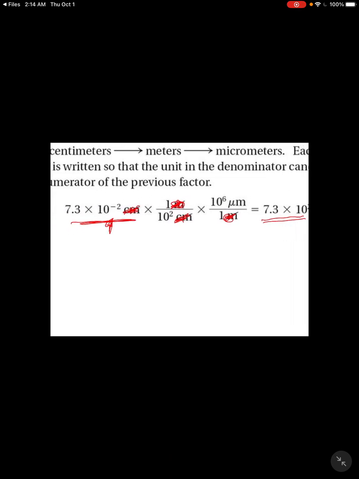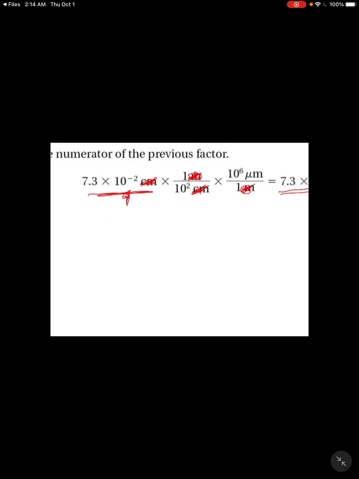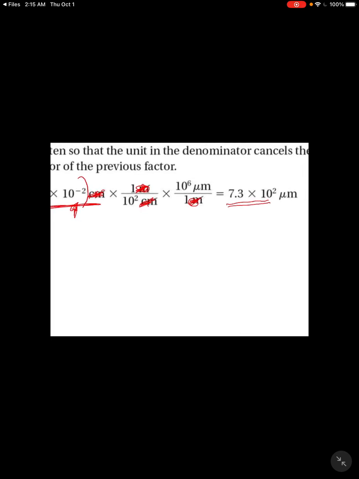If you are doing this using your TI-84, when you punch these numbers in, please put them in parentheses just to be safe, okay?